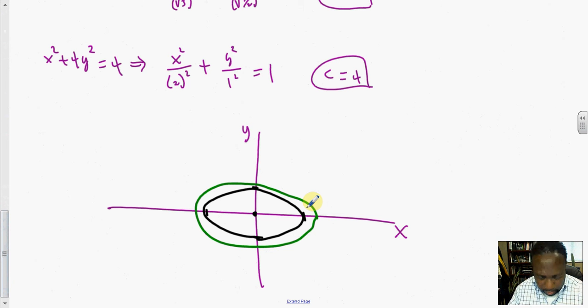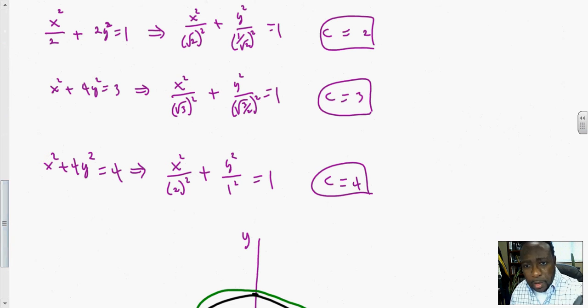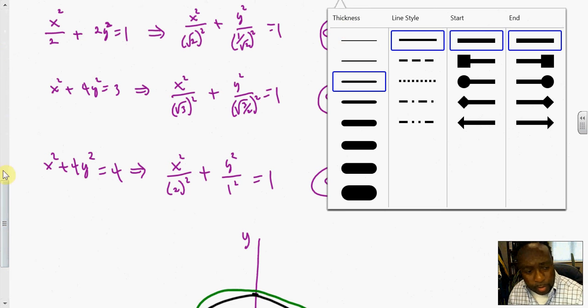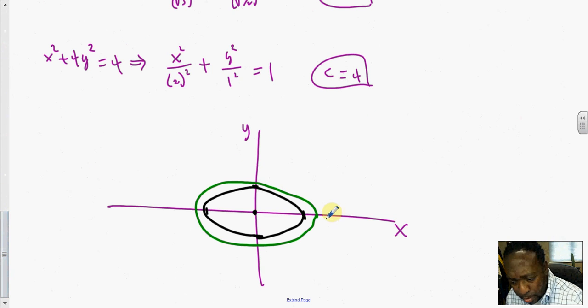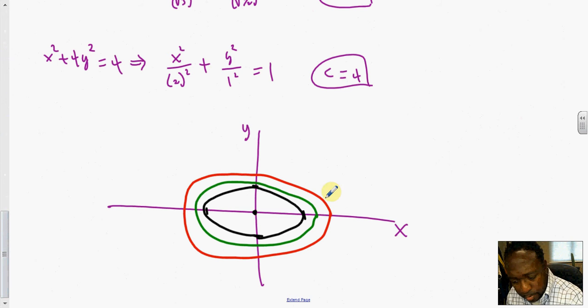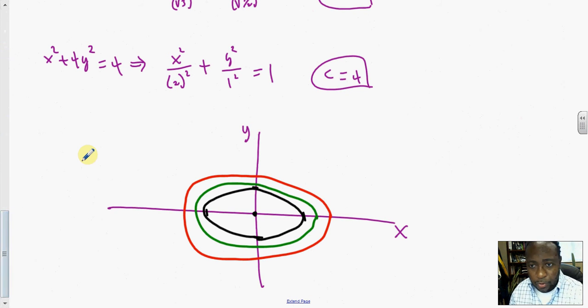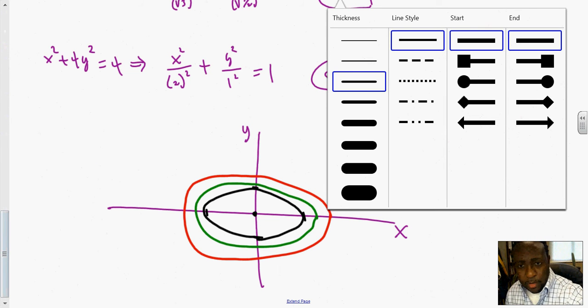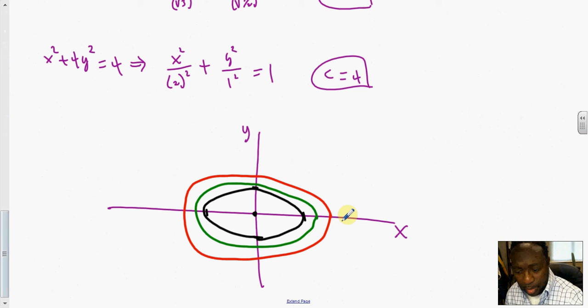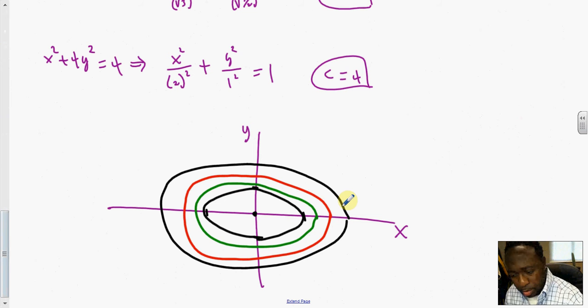It's supposed to be uniform, but you get it. And then the last one, where x is plus or minus 2 and y is plus or minus 1.